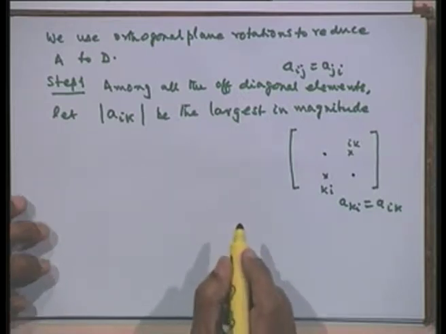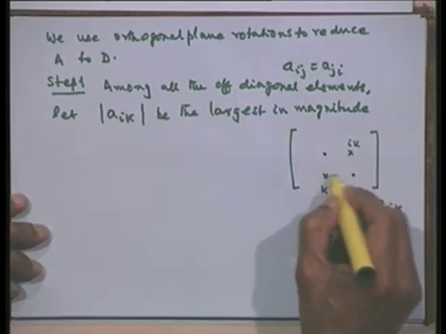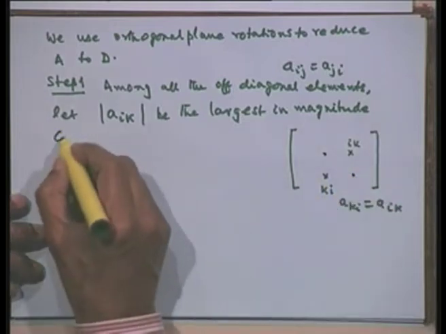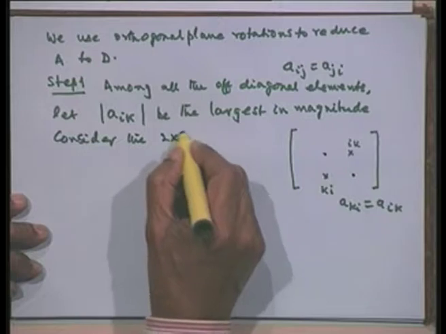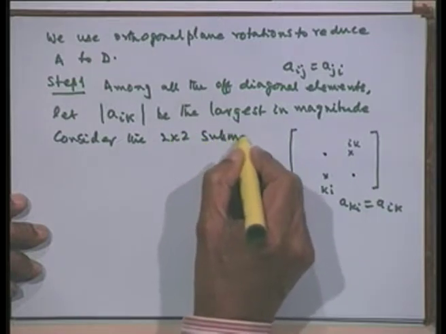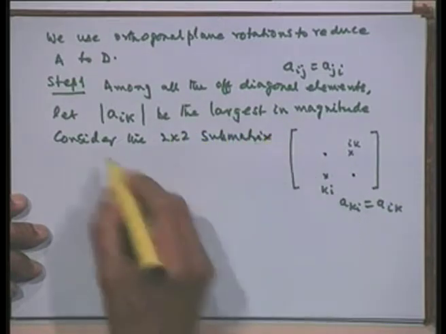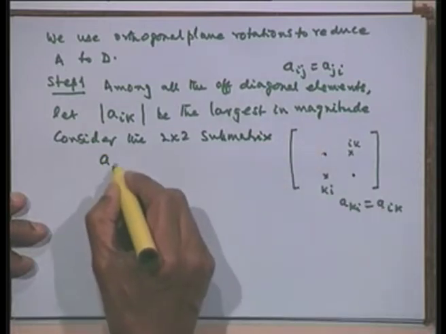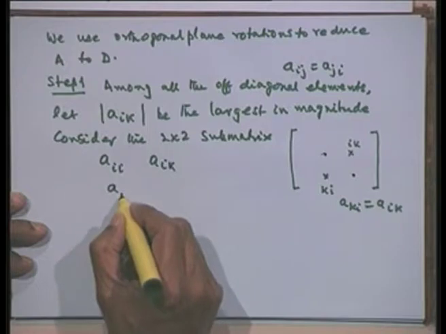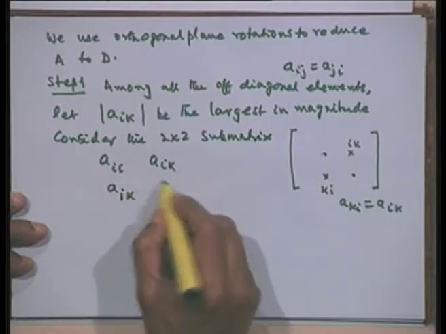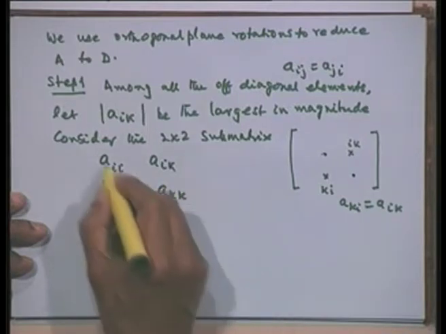Then what we do is we consider this 2 by 2 submatrix. This location is Aii, this is Aik, this is Aki, which we can again put as Aik, and this is equal to Akk.